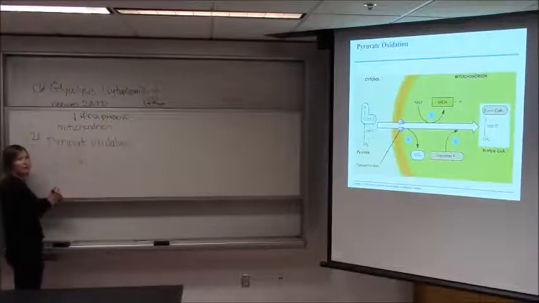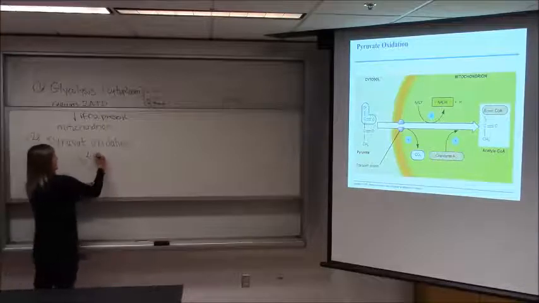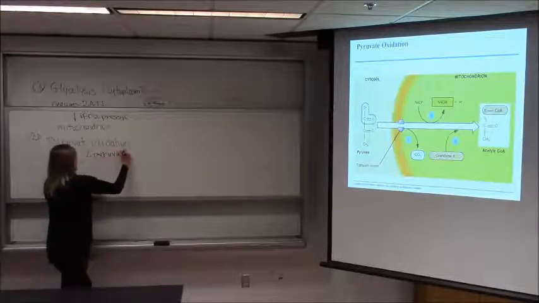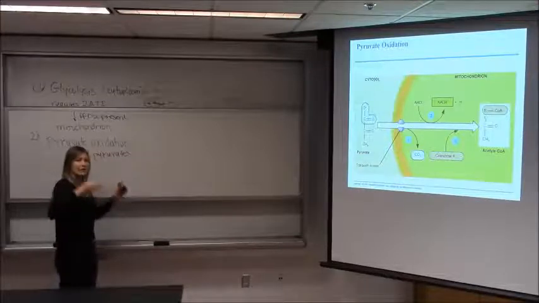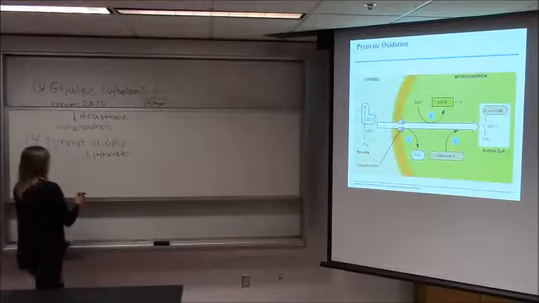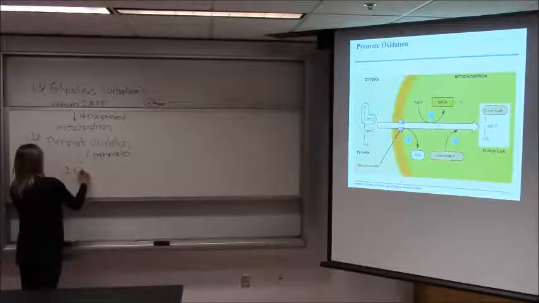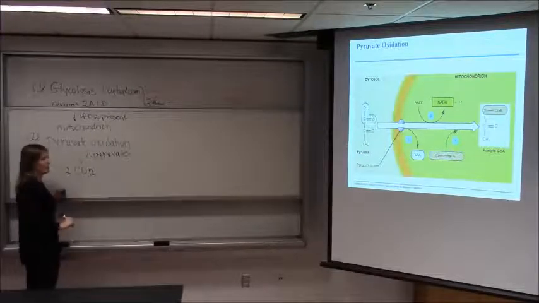But we have two pyruvates. Remember, we took that 6-carbon molecule and split it into two 3-carbon pyruvates. So those two pyruvates are going to generate the first two of our carbon dioxides.